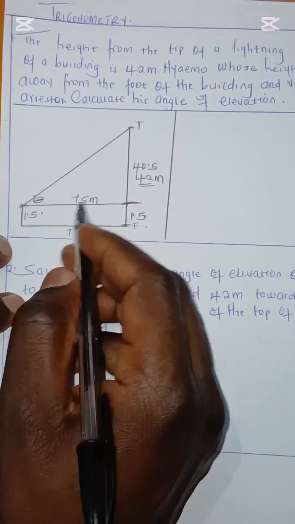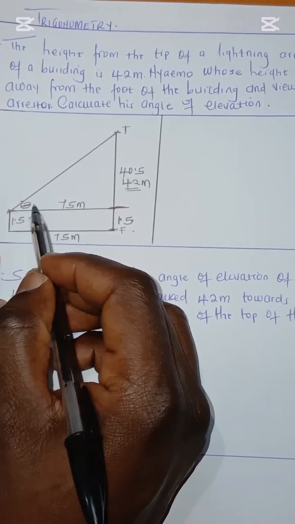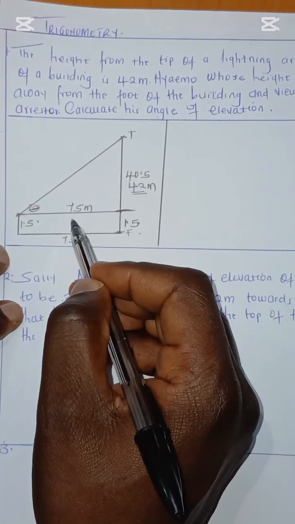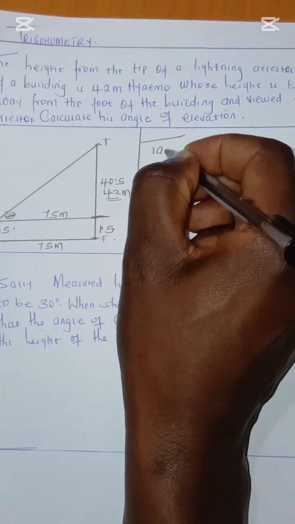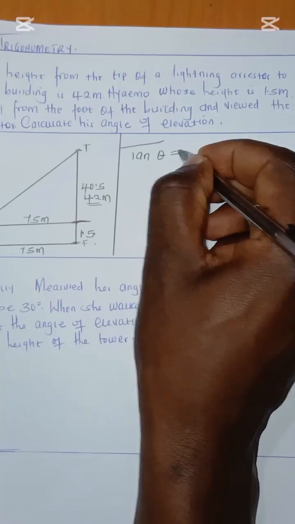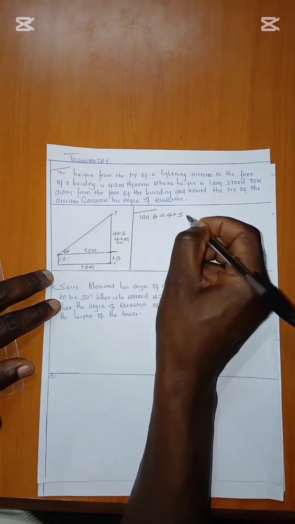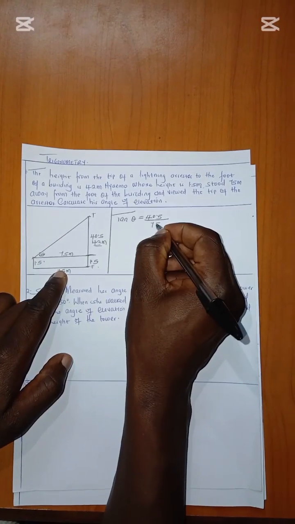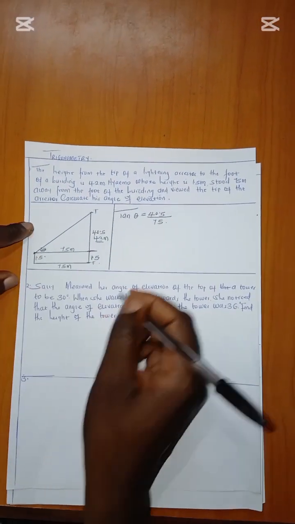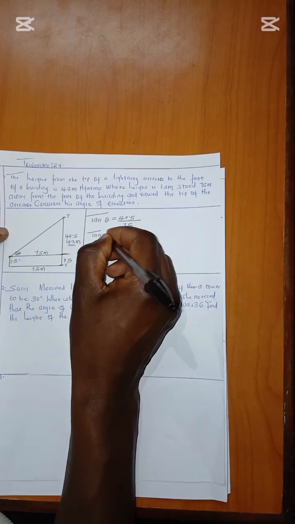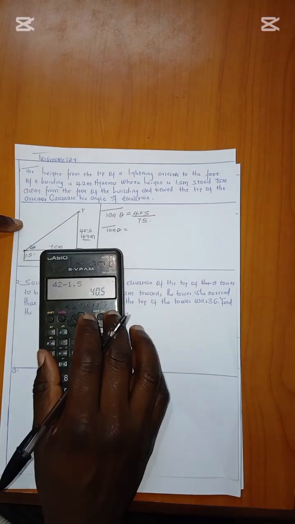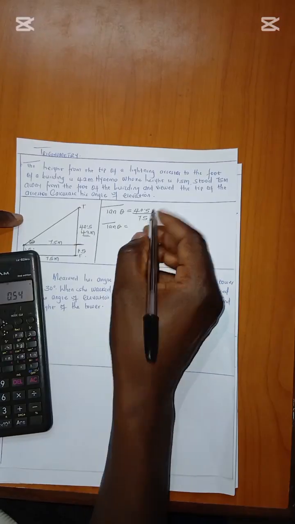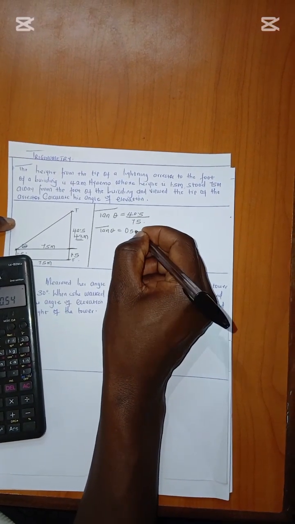So we are going to have tan, because tan or tangent of theta is given by the opposite over adjacent. So tan theta is given by the opposite, which is 40.5, over the adjacent, which is 75. Let us do it together: 40.5 divided by 75. What do we have? We have tan theta as 0.54.